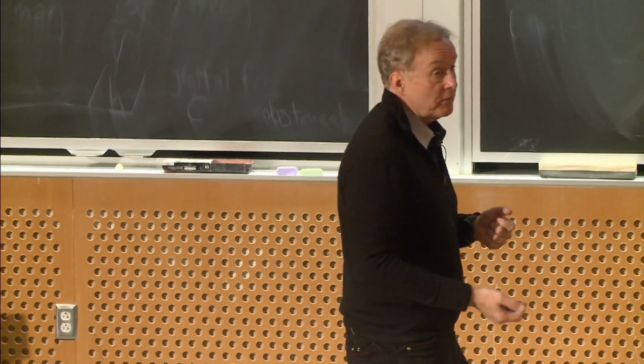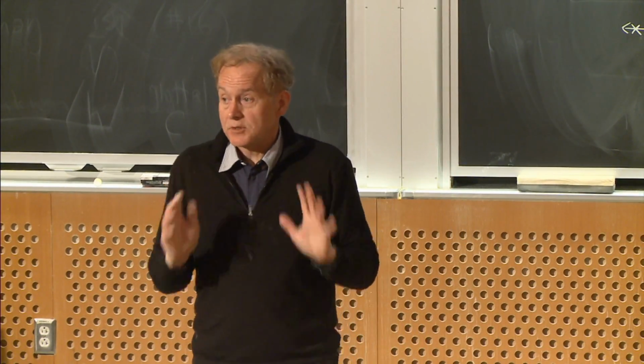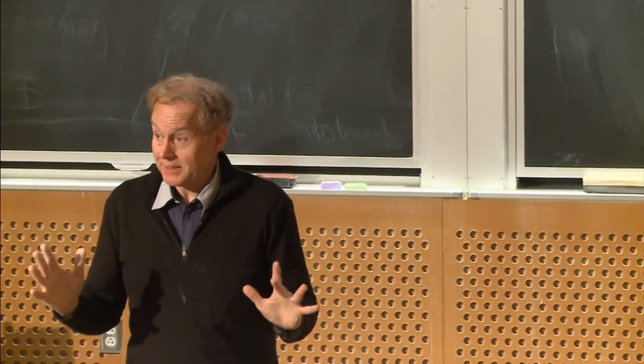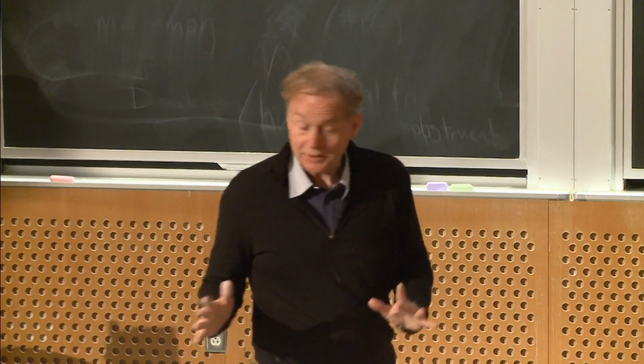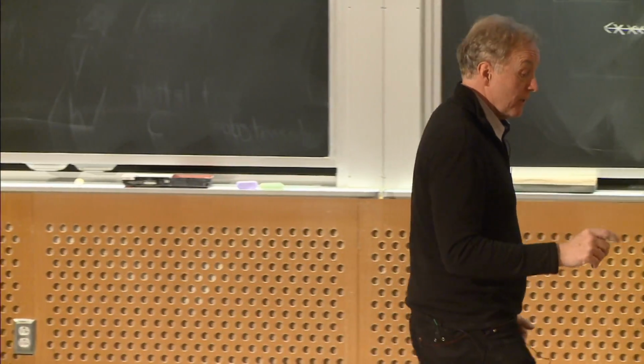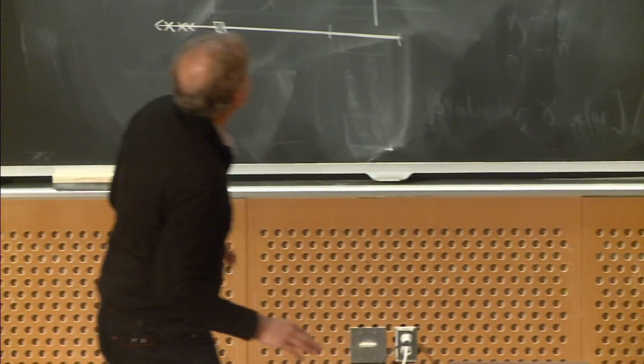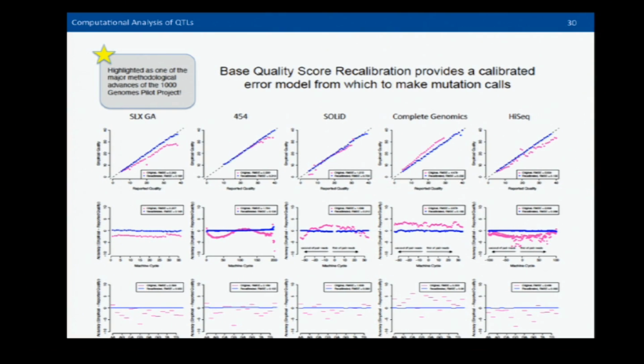And as you would imagine, manufacturers' instruments are sometimes optimistic, to say the least, about the quality of their scores. And so they did a survey of a whole bunch of instruments, and they plotted the reported score against the actual score, okay?